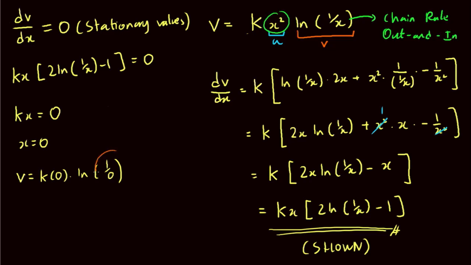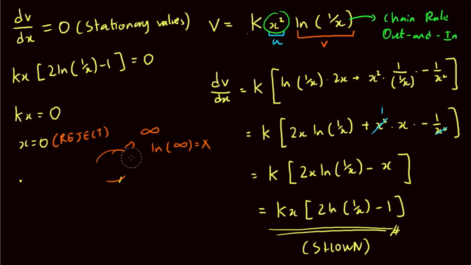This is obviously going to be infinity, right? And of course there's no such thing as ln infinity, it doesn't exist, right? So we have to reject this answer. Okay, so you cannot have this answer right away. x cannot be 0. Okay, that's the most important thing. If you want to have a solution, x cannot be 0.